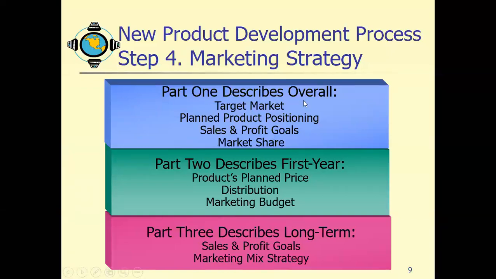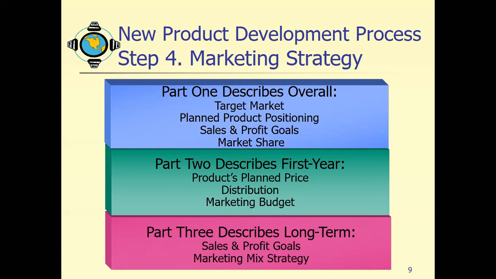And then you have to describe your overall planned product positioning, how you will position your product, what will be the message you are going to convey to your customers. What can be your form of advertisement, what can be your marketing mix. Everything, you decide what kind of differentiation you are going to introduce for positioning.